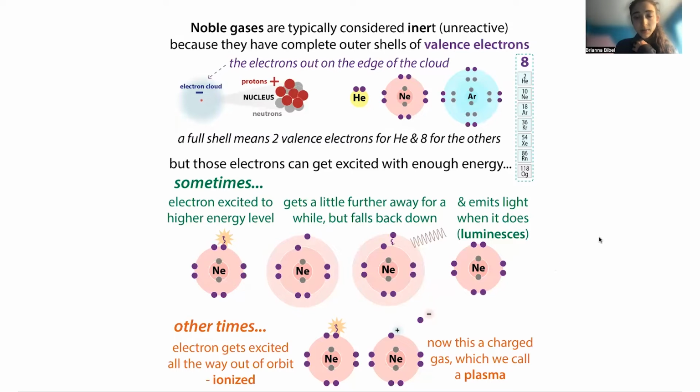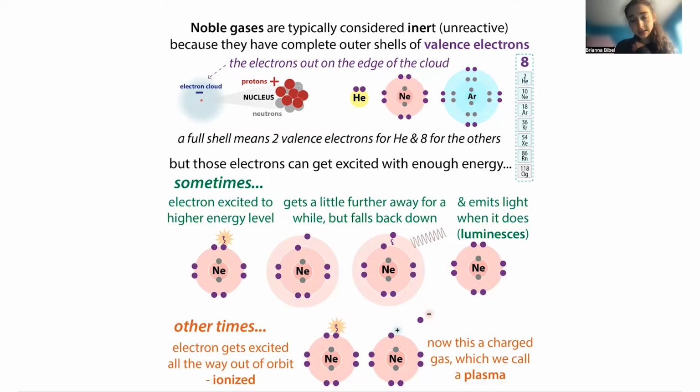Those electrons can still get excited. They can get excited and fall back down, in which case we get luminescence, light given off, or they can get ionized. They can get excited all the way out of their orbit, in which case we get a plasma, a charged gas.